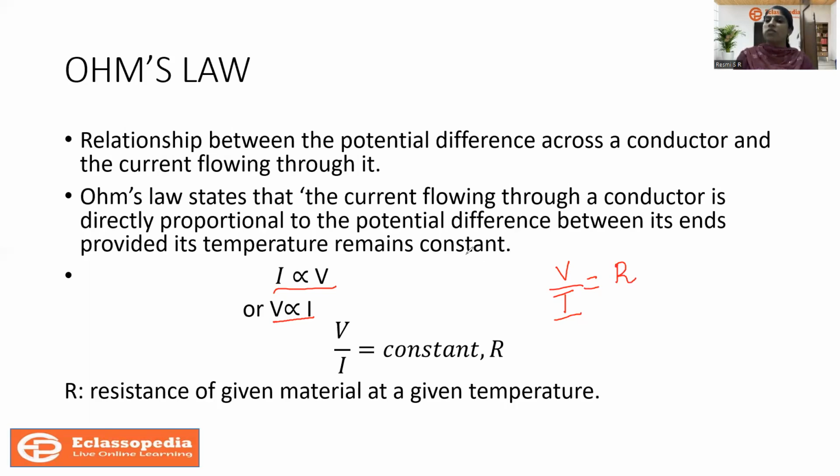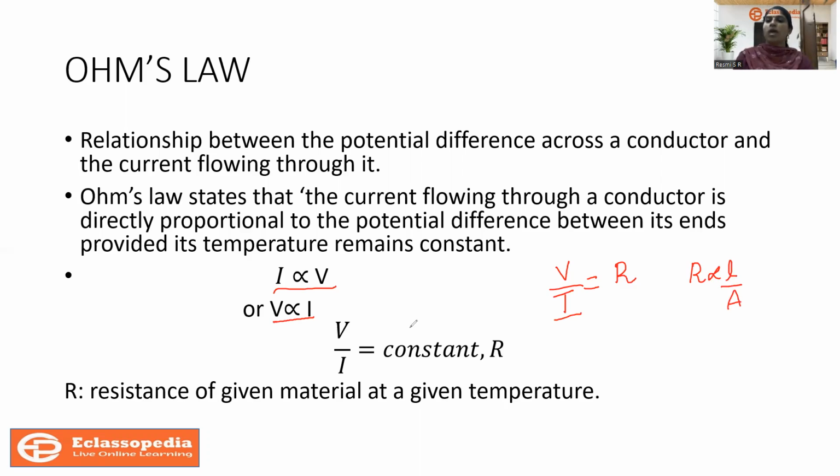And the resistance of a given material, or resistance of a conductor, depends upon its length and area of cross section. So R, the resistance of a given material, means it offers some opposition, or it resists the flow of electrons in a conductor, and that resistance value depends upon the length of the conductor and also the area of cross section of the conductor.